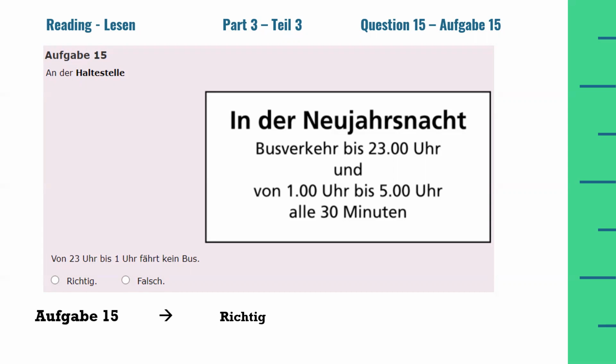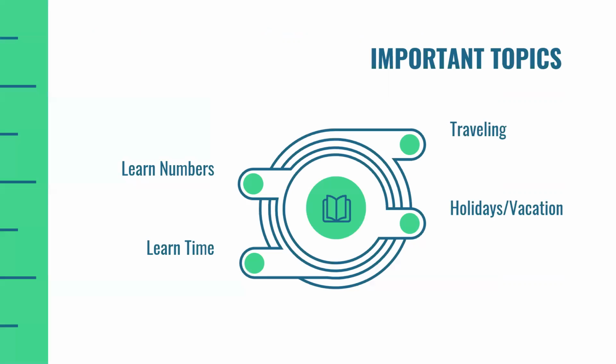With this, we have covered all the 15 questions, which are the sample questions for Goethe Institute's A1 exam. Now, if we look at the type of topics that were covered in the reading section of exam, we can come to know that we must be aware of the numbers in German language.